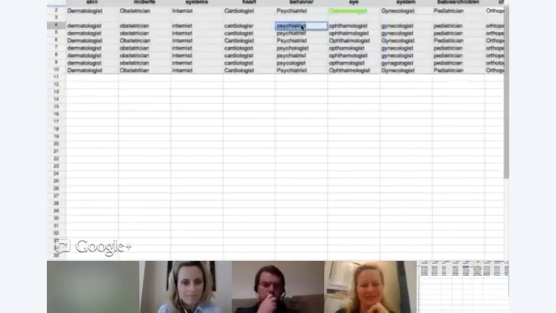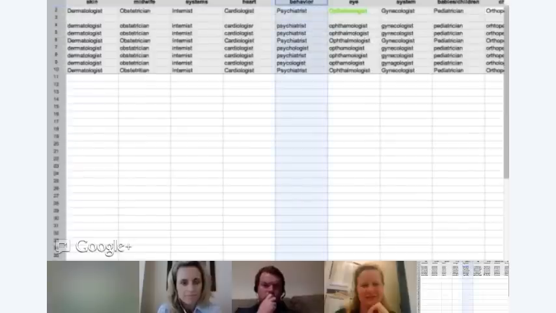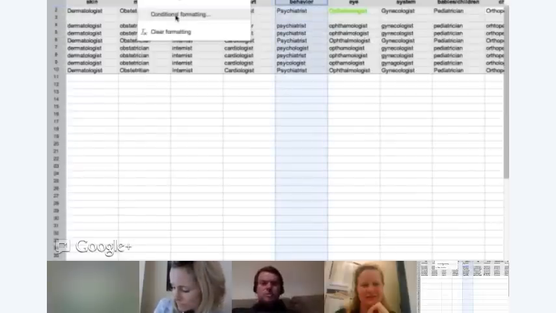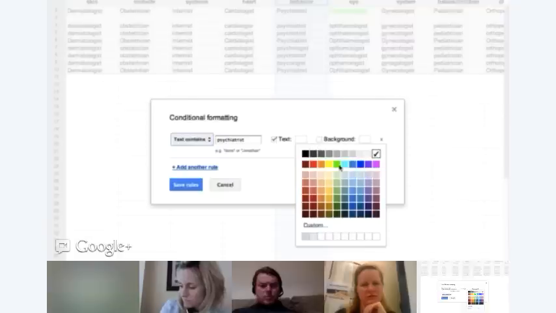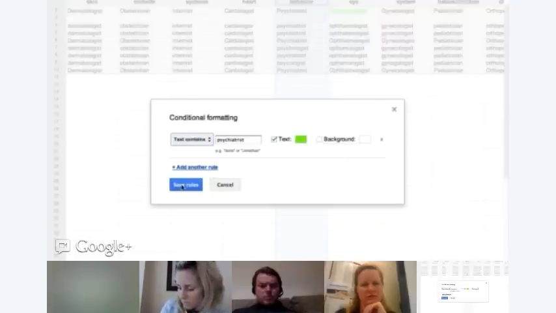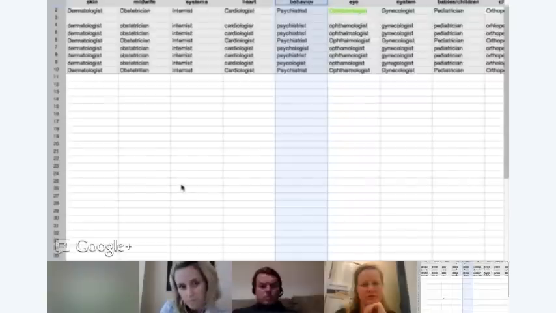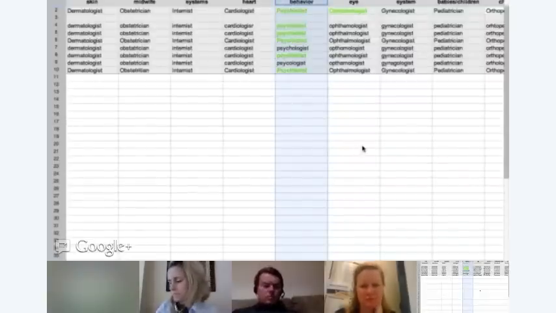Let's try this word, psychiatrist. This may work. So I'm going to select the entire column, Format, Conditional Formatting, text contains psychiatrist, and if it is, it should turn green, save rules. Okay, there we go. I don't know if you can see that, but the people who put psychologist, it was black.